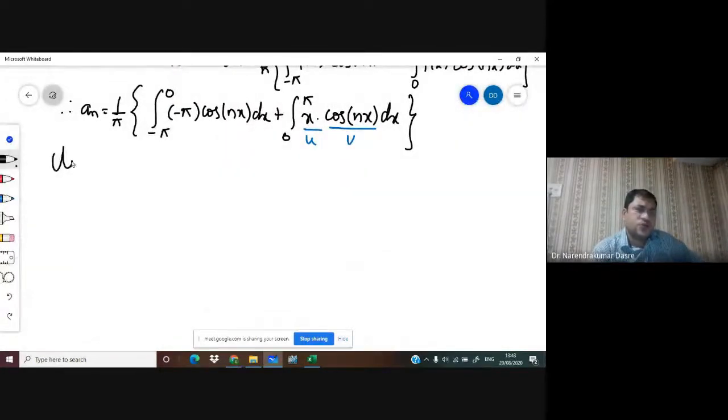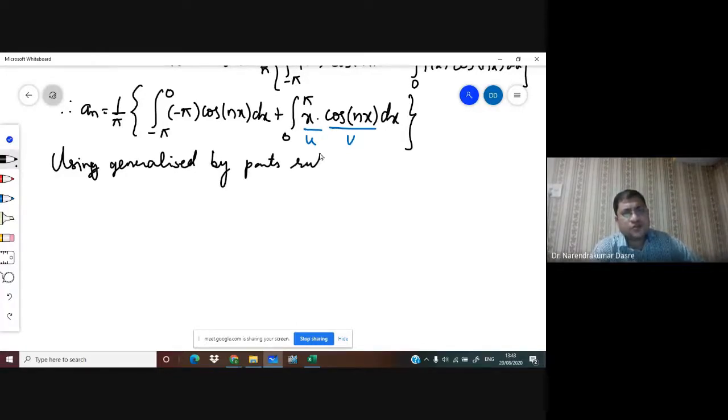Now using generalized integration by parts, we have, so what we'll have here, see the term an is equal to 1 upon pi.